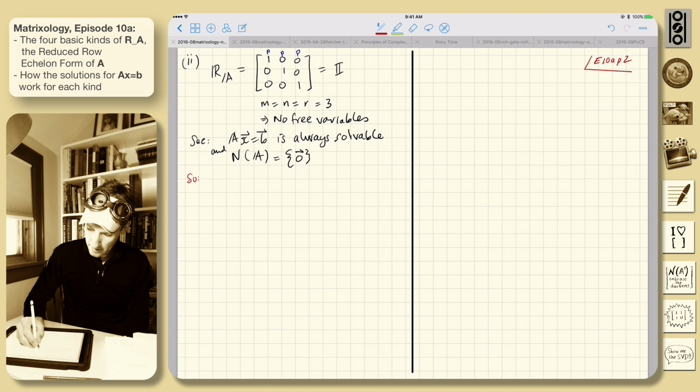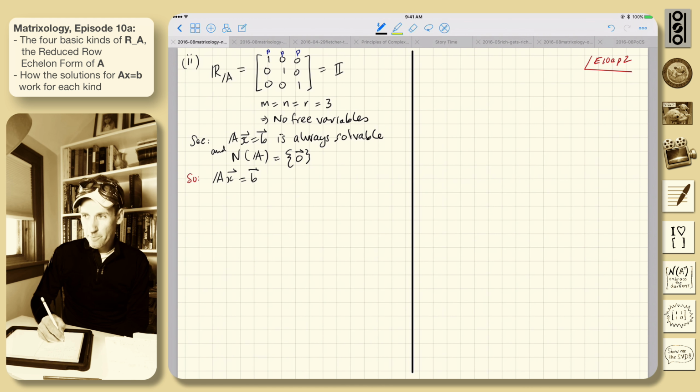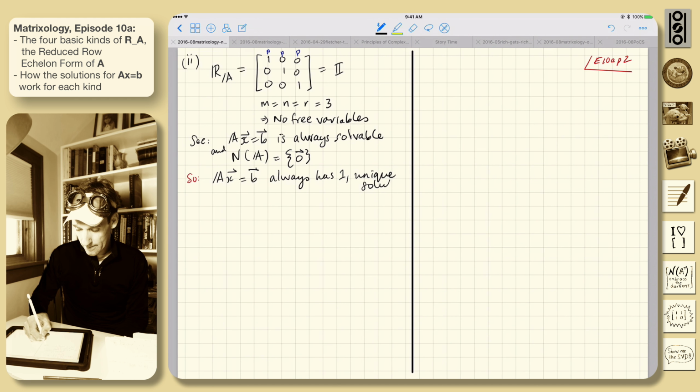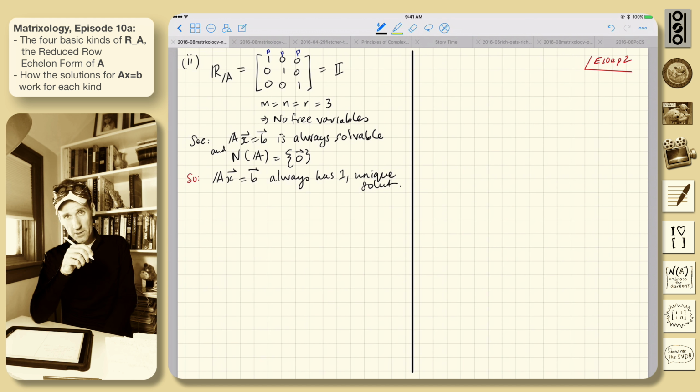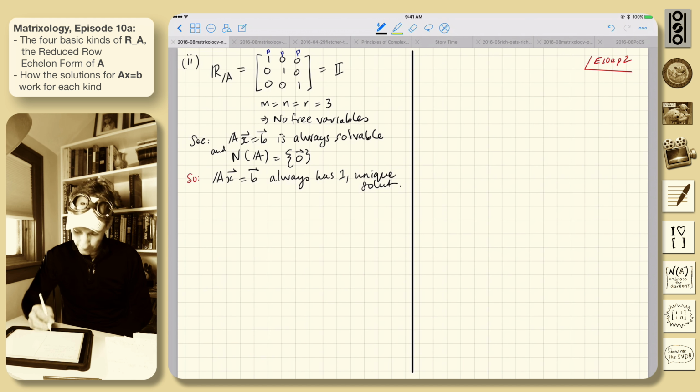So, very important thing here: Ax equals b always has a solution, and it has one unique solution. Always has a solution, and there's always just one.